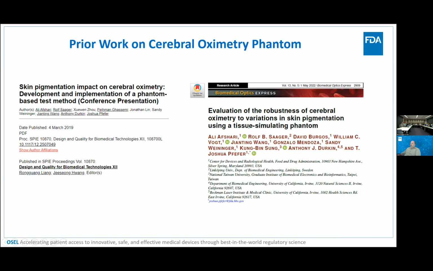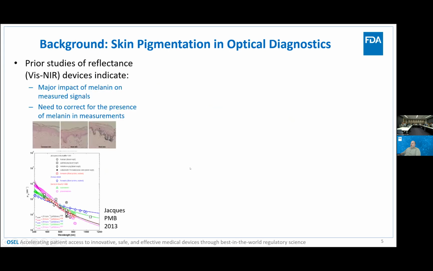Publication was delayed a bit from COVID and some other things going on at FDA. Finally published it this last year. I'll talk a little bit more about it, but it's really this work that also got us interested. This work was directly relevant to other work going on in the standards committee on cerebral oximetry, and we think this has relevance to pulse oximetry as well.